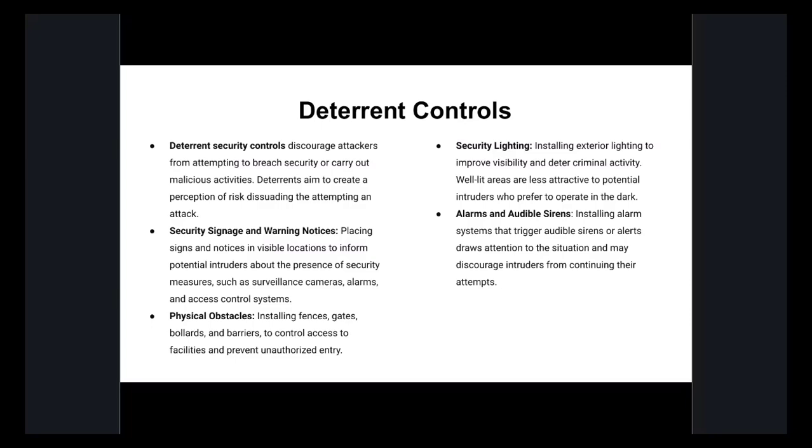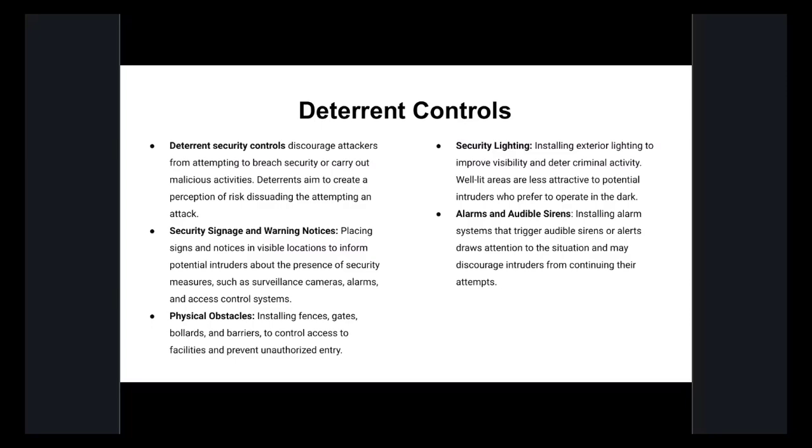This is when we place signs and warnings around our business in visible locations. This can announce the presence of things like surveillance cameras, alarms, and other security mechanisms to help to prevent and dissuade our attackers from physically accessing our business locations. Deterrents can also take the form of security lighting and alarm systems.